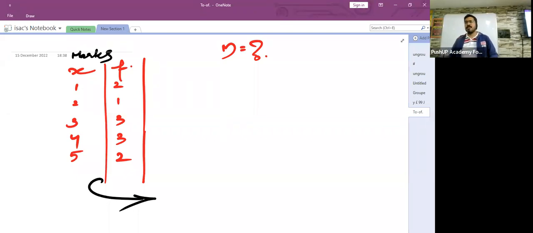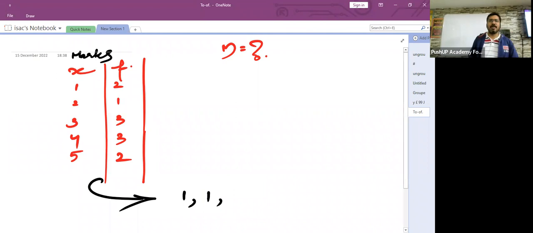So children, when I say the number of students scoring 1 mark is 2, if I have to convert this into raw data, I will write 1, 1. The number of students scoring 2 marks is only 1, so I write 2 only one time.